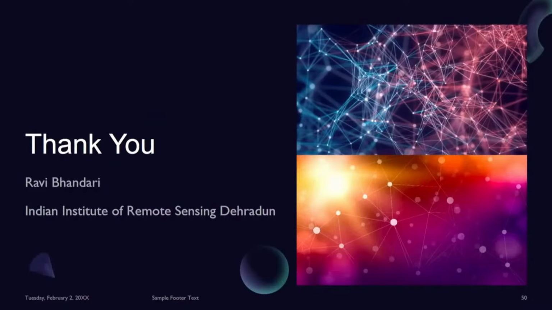Now let us see how we access the satellite data using a single web browser. So we'll see just by using a web browser how we access the services of Google Earth Engine.